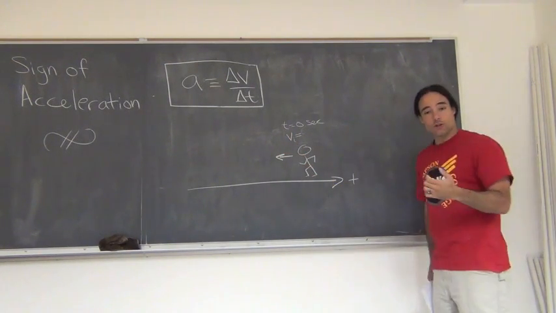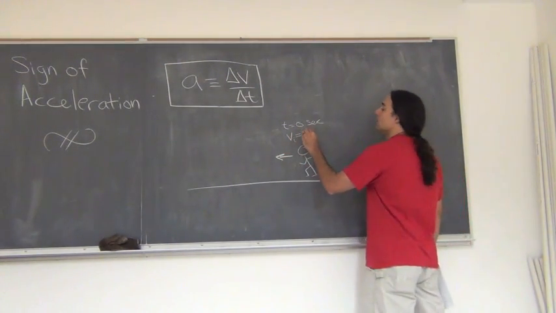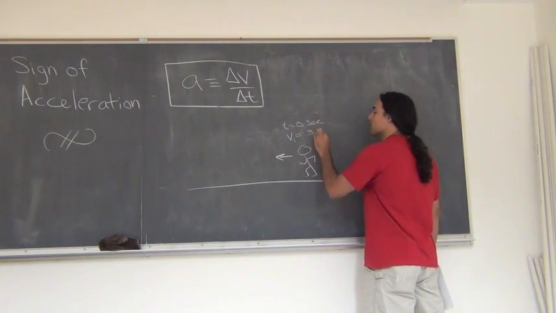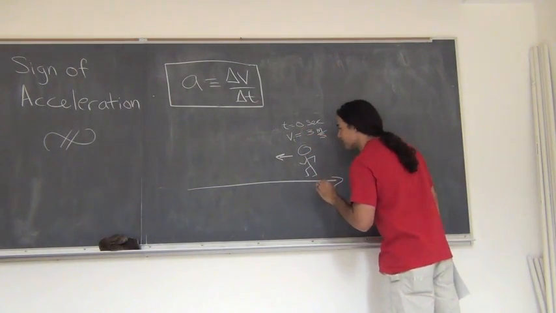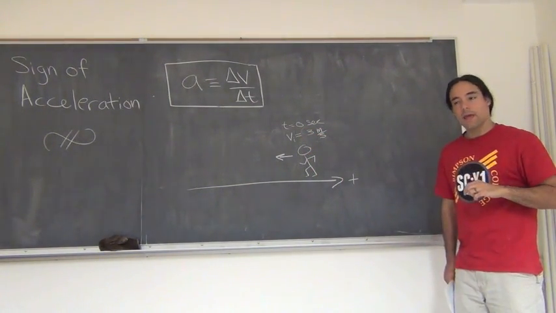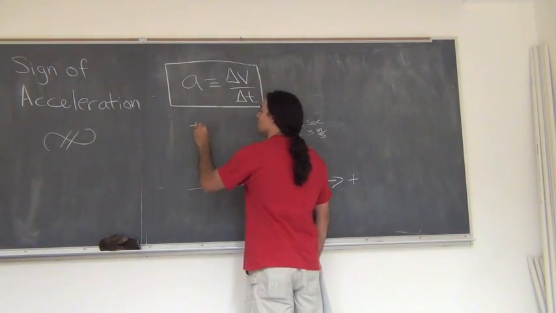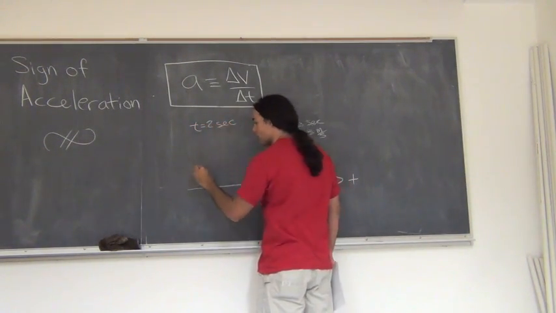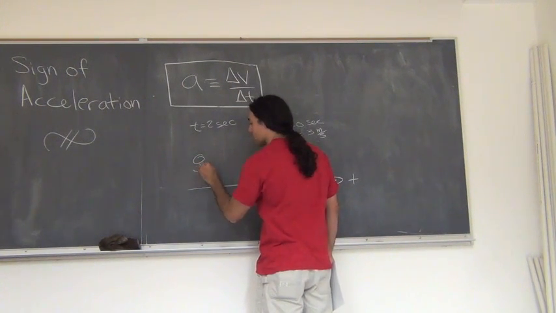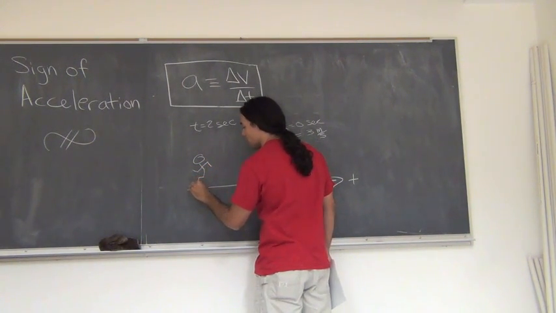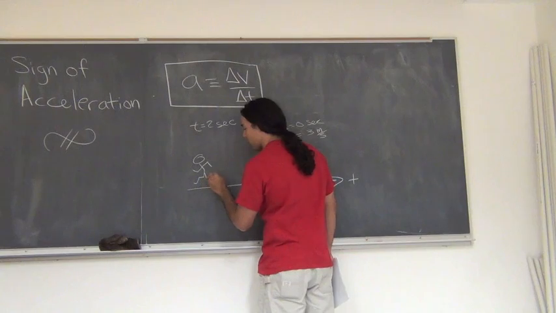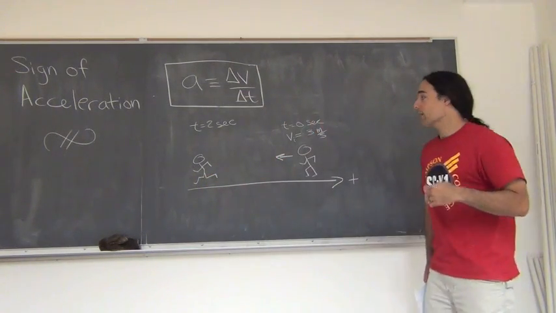I'll call that your initial velocity, vi, is 3 meters per second. And then 2 seconds later, you're still moving to the left, but you have accelerated a certain amount. So now you're going faster.